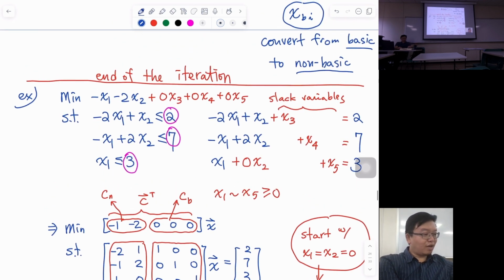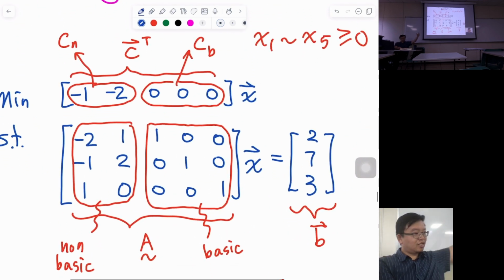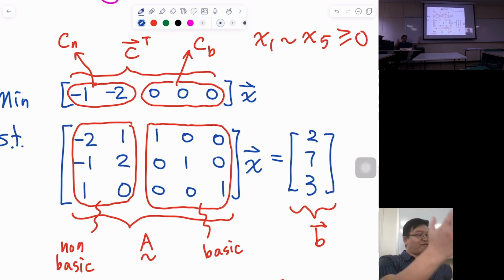So in my coding, I will be formulating the problem just like this. Several matrices: a vector of c, a matrix of A, and a vector of b. I need those numbers. Okay? And then I will have a decision vector to decide which one is basic, which one is non-basic.